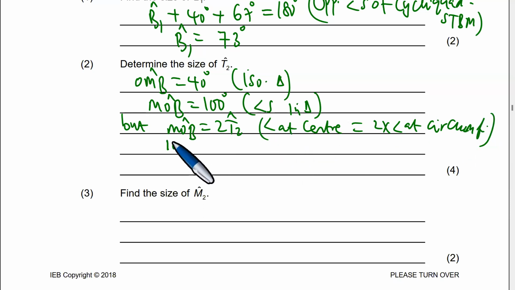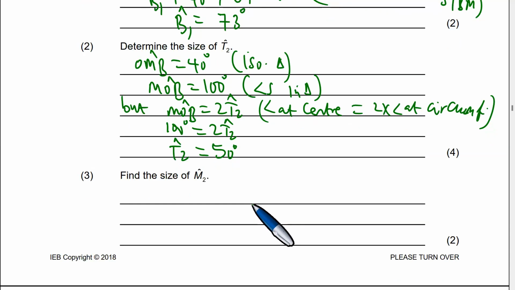So MOB is 100 degrees, equals 2T2. Divide both sides by 2, it means that angle T2 is equal to 50 degrees. So angle T2 is 50 degrees, and we're done. Next question.